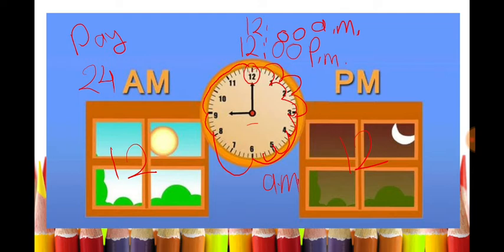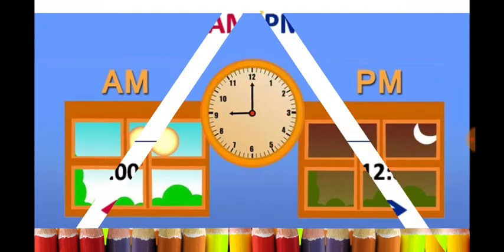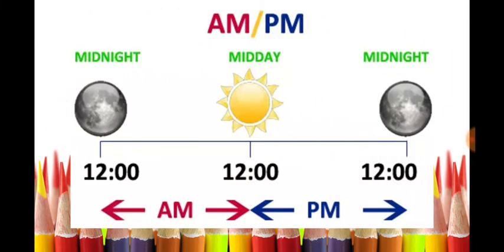So this is the lesson for today. It's just focusing on the time and which part of the day it is. Is it a.m. or p.m.? As I told you, a.m. starts from midnight, 12 midnight, until 12 midday or noon.